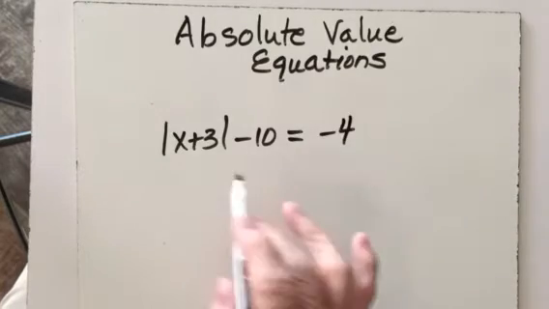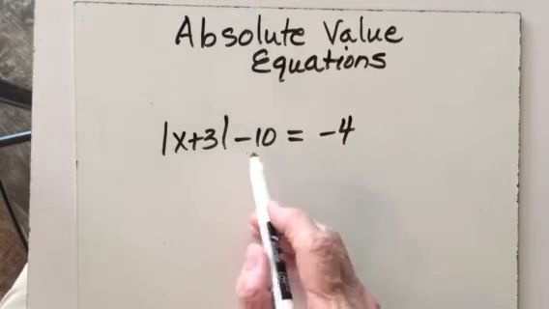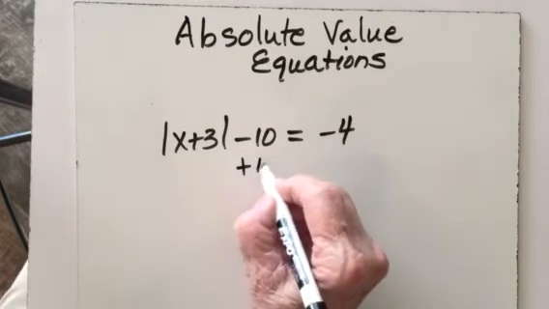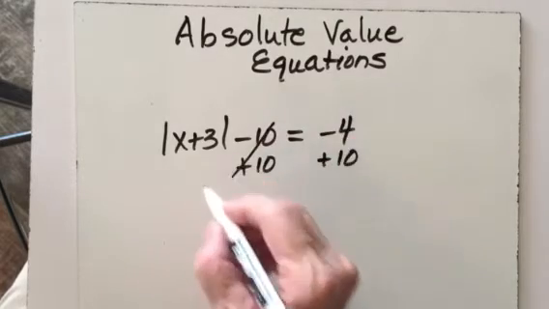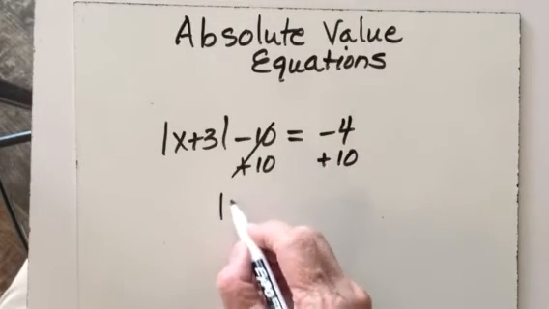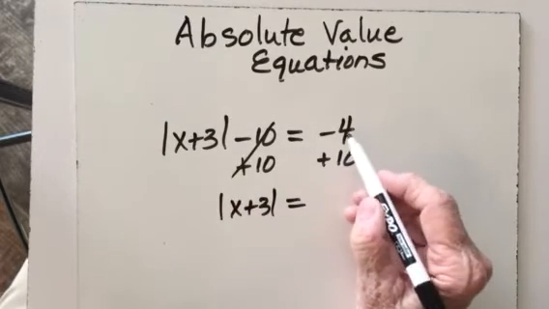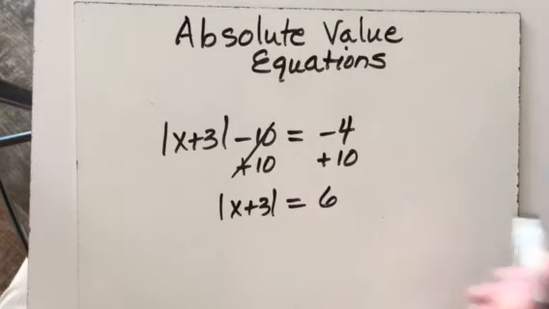All right, before we can actually solve this problem, we have to get rid of the -10. To do that, we'll go +10. That goes away. Now what we have left is the absolute value of x plus 3 equals -4 plus 10, which is +6. Now we can solve the equation.